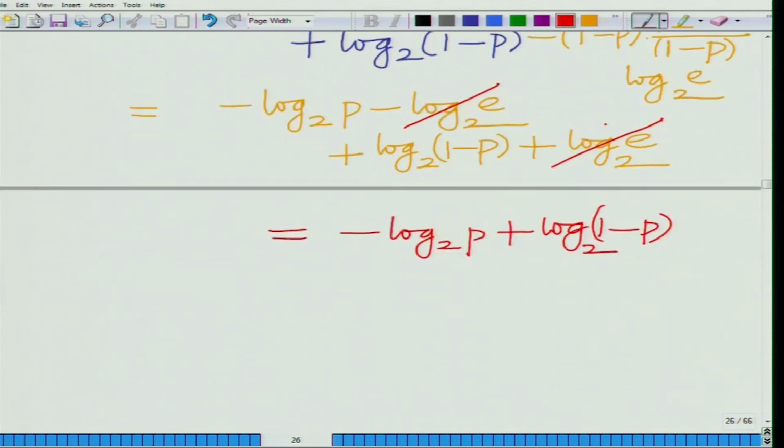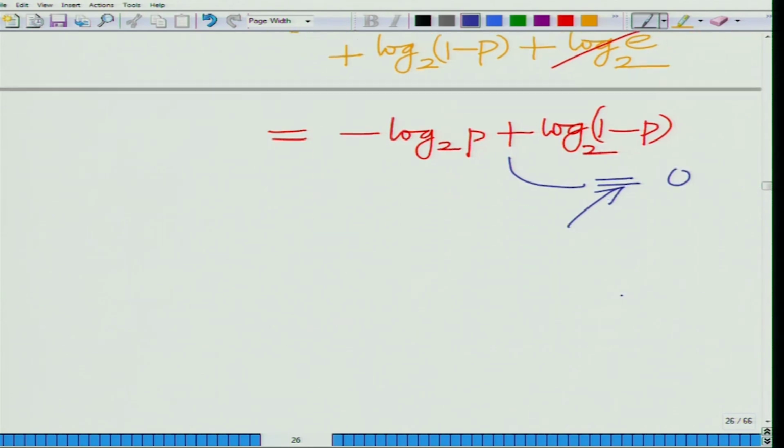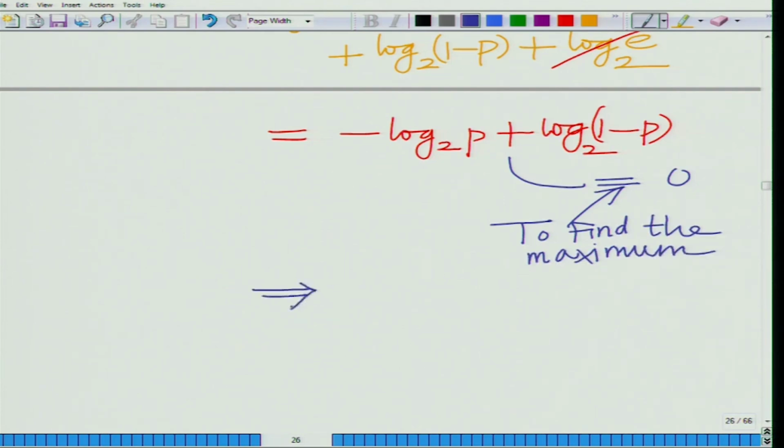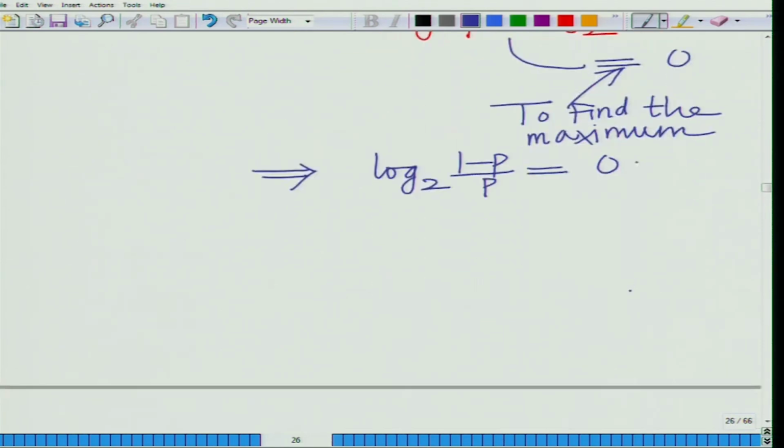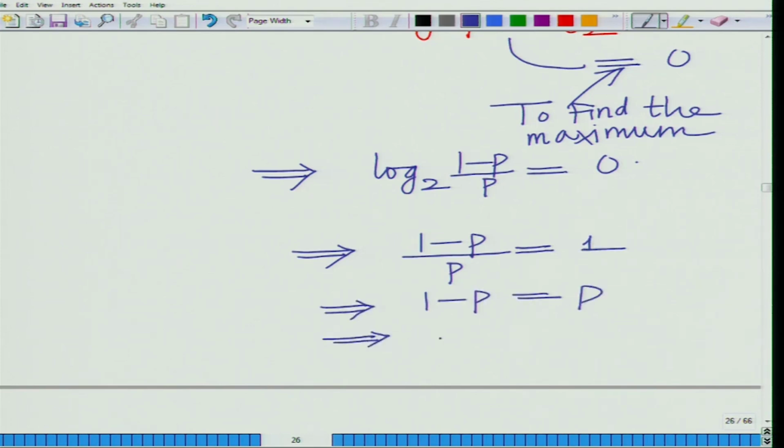Now if you equate this to 0, so differentiate and equate to 0 to find the maximum, this implies that basically log to the base 2 of 1 minus p over p equals 0, which implies 1 minus p over p equals 1, which implies 1 minus p equals p, which naturally implies p equals half.